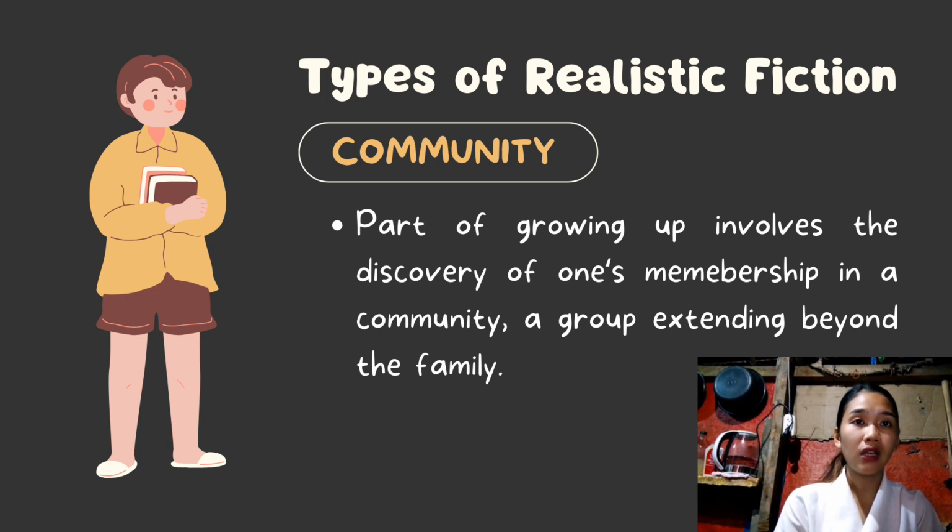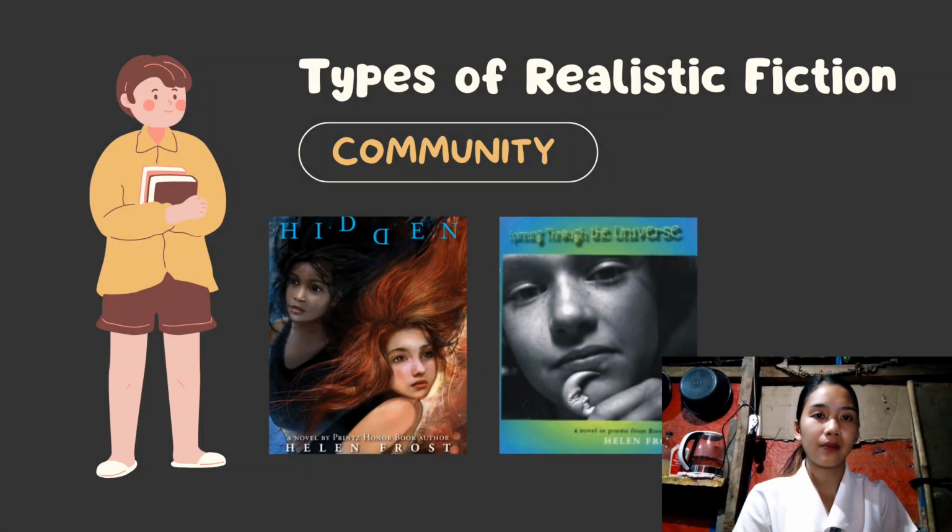This sense of belonging helps shape their identity, builds confidence, and provides emotional support as they learn to connect, contribute, and find their place among others in society. And this book is an example of a community portrayed in realistic fiction.